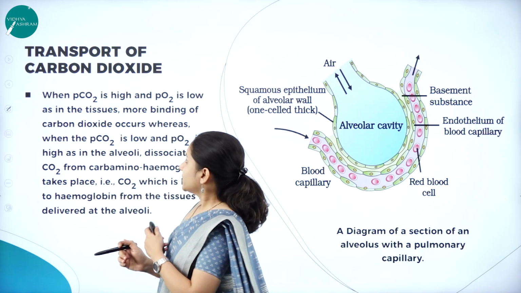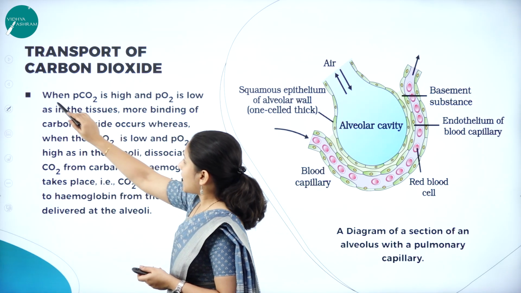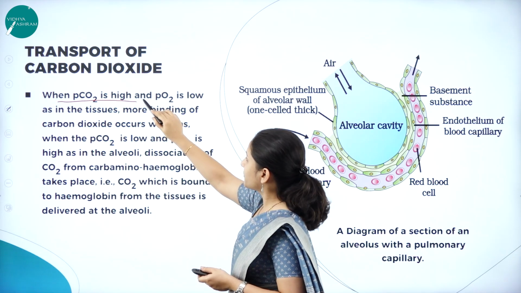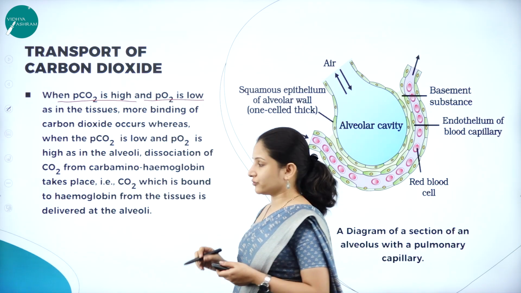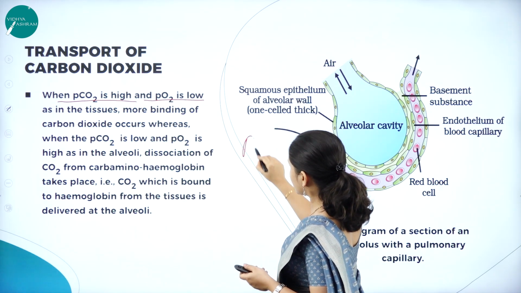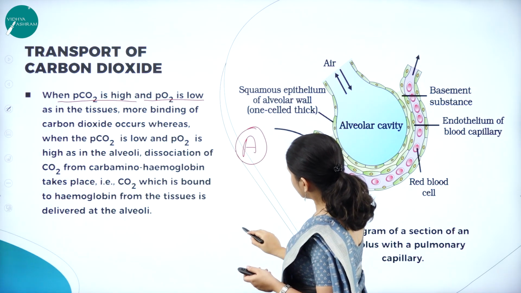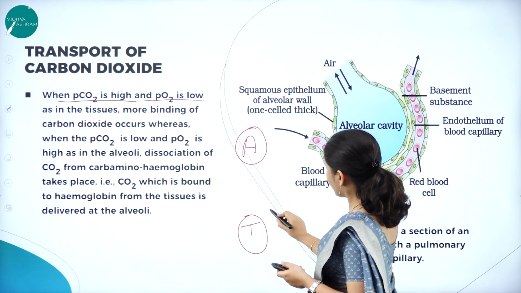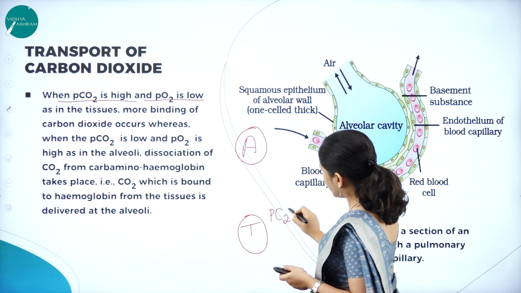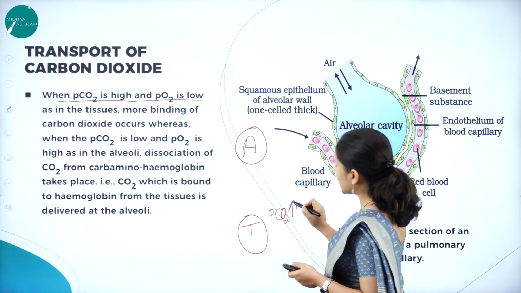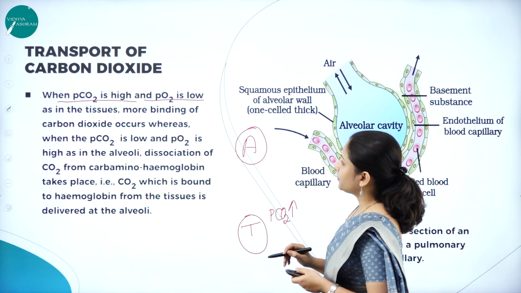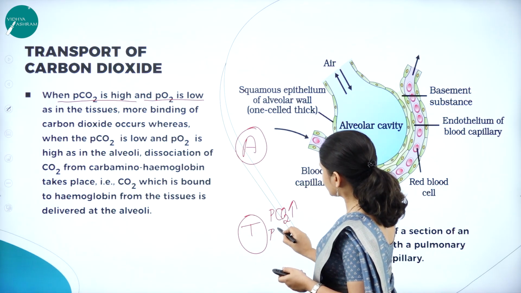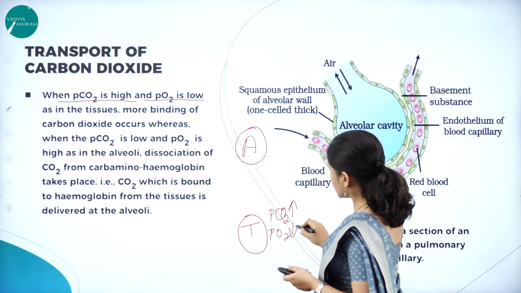So when partial pressure of carbon dioxide is high and partial pressure of oxygen is low in the tissues, now talking again, I'll write here alveoli, and I'll write here tissues. Partial pressure of carbon dioxide is high in the tissues. Partial pressure of oxygen is low in the tissues.